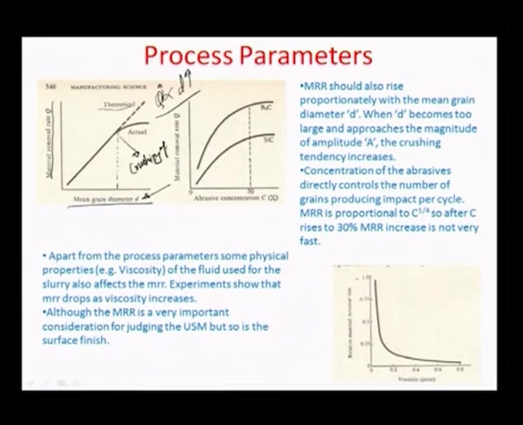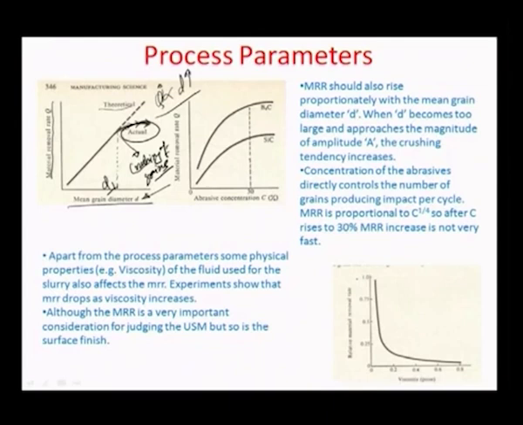So crushing of grains. And the moment this crushing phenomenon happens, as you know, the MRR goes down. So the actual value of MRR for a higher diameter grain greater than, let us say, a critical diameter D1 here would not follow the theoretical trend, it would actually start coming down.